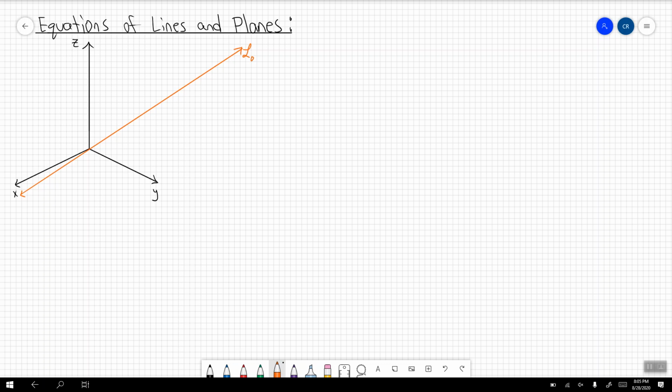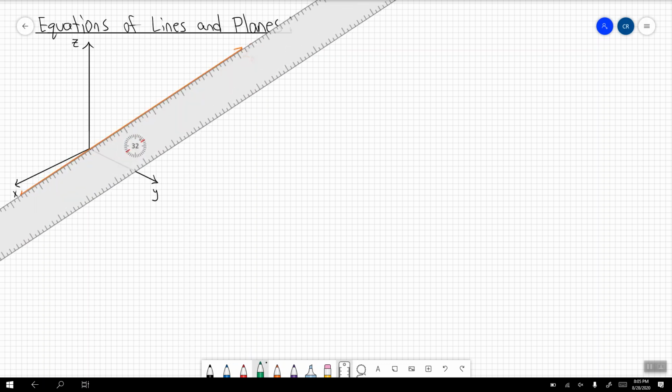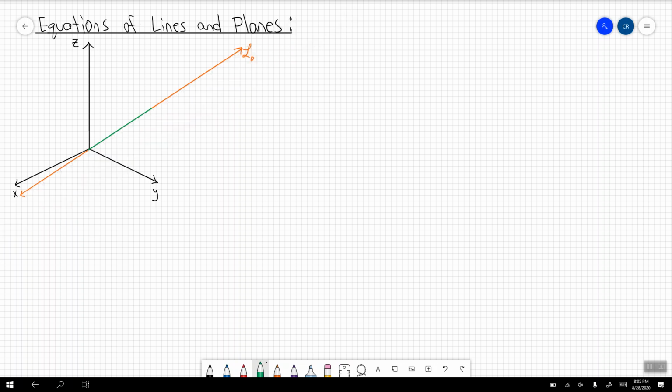Say that I took a vector, and let's call this vector V, to be similar to what your book has. So say I take vector V that starts at the origin and extends in some direction in which the line goes. And I'm going to give vector V components a, b, and c.